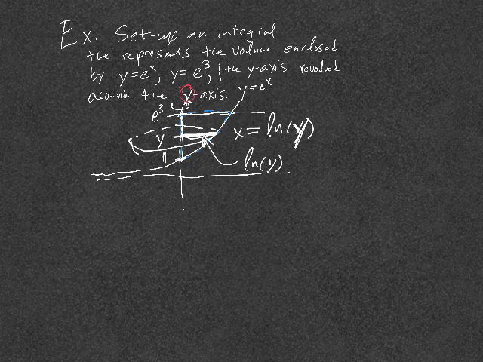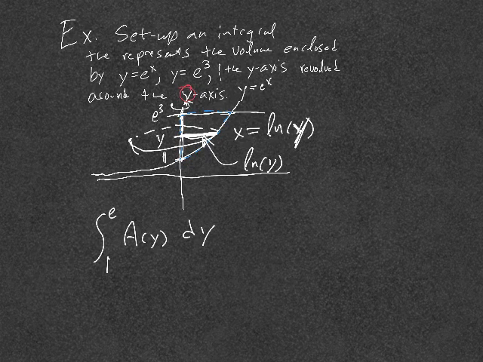Okay, and so our basic integral is going to be integrating the area function, in this case in terms of y dy, and our bounds are going from y equals 1 to y equals e cubed.